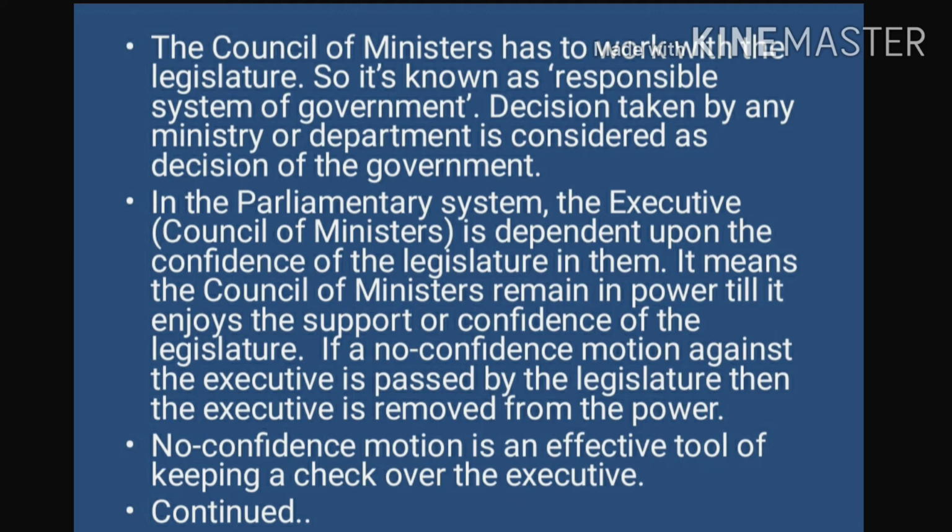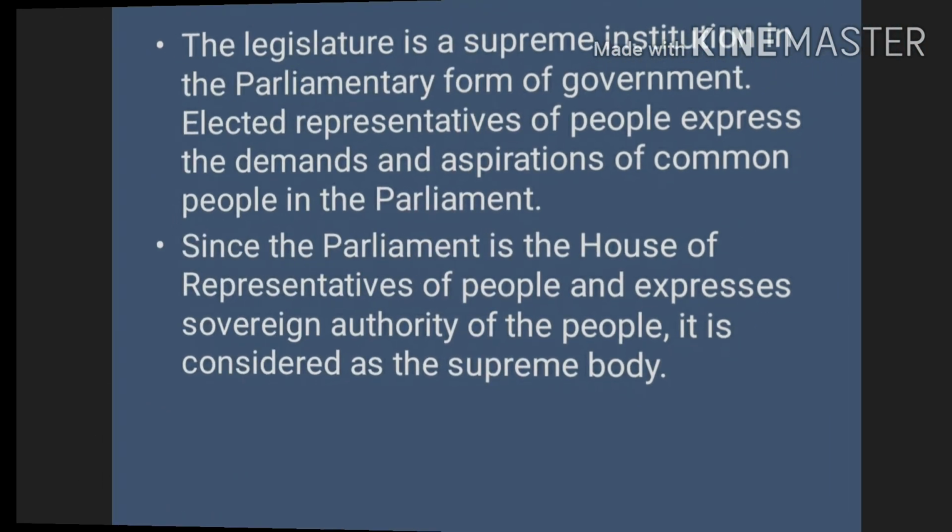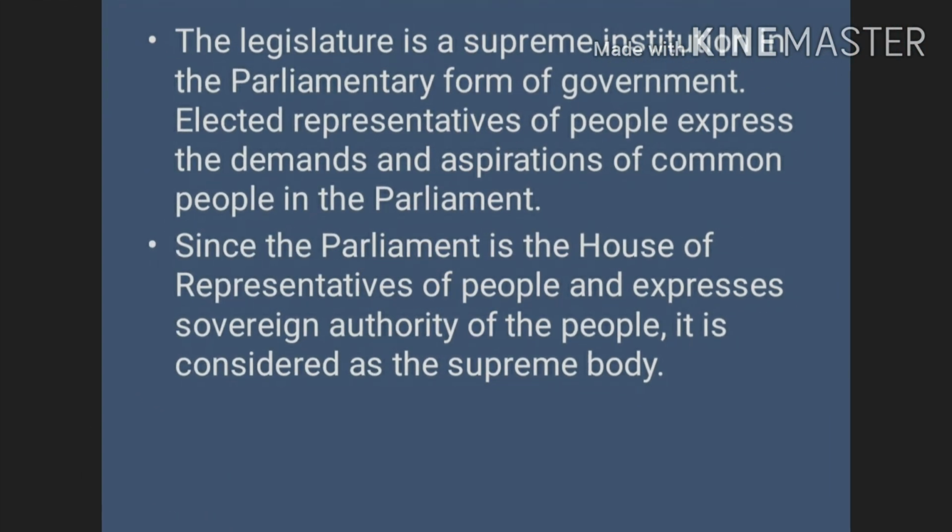If a no confidence motion against the executive is passed by the legislature, then the Council of Ministers is removed from power. So the no confidence motion is an effective tool of keeping a check over the functioning of the executive.